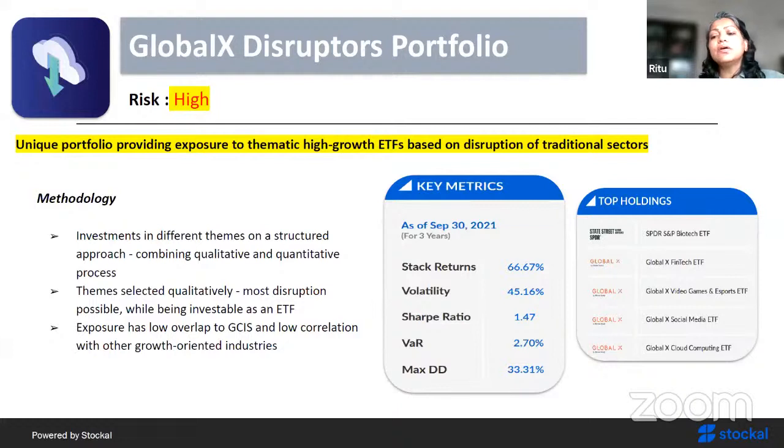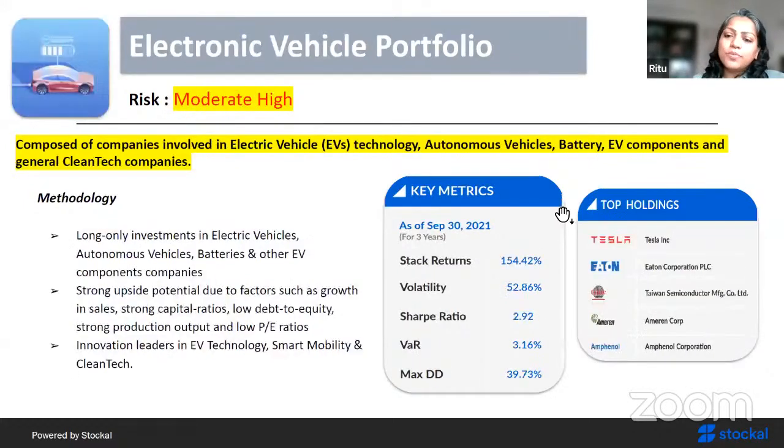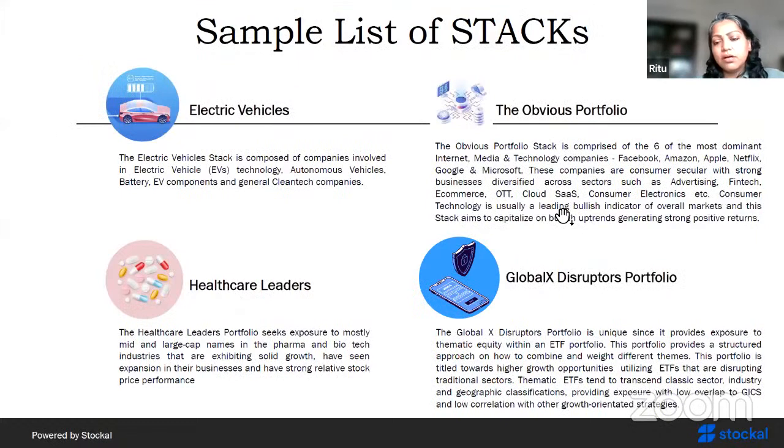And so any technology company which disrupts the way old, traditional businesses were working is a part of this particular stock portfolio basket. So these are the 4 options I have put together, and I've shown you how these portfolios have performed.